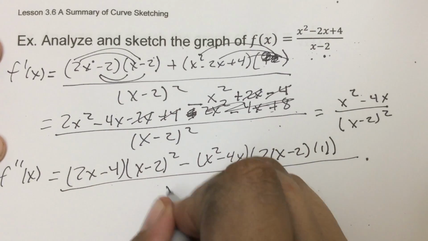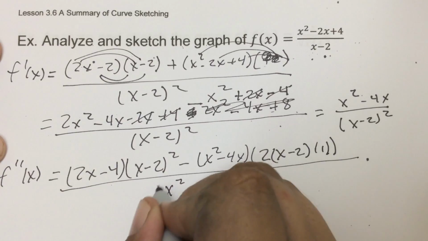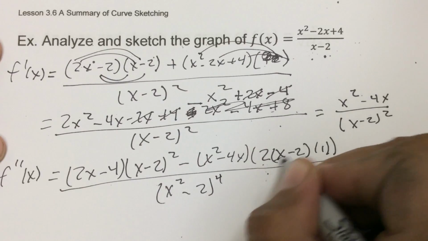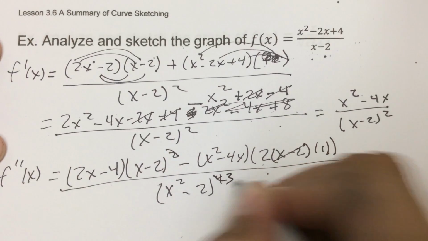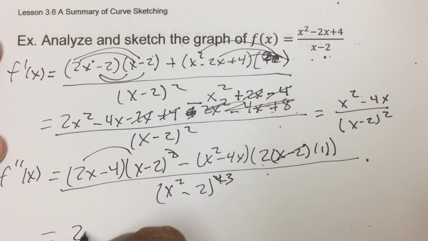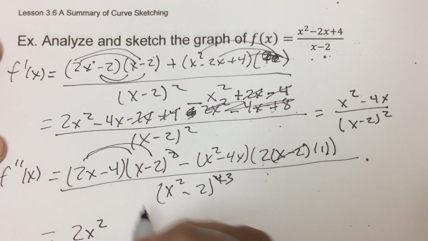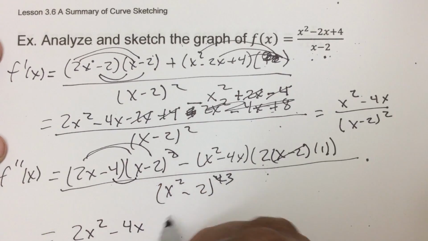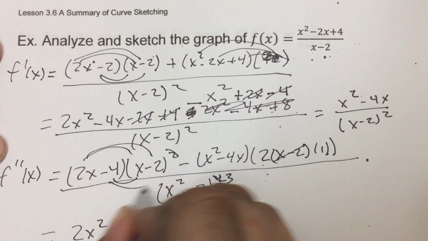All over the bottom squared, x minus 2 squared, which if it's already squared becomes to the 4th. And then we can go through and cancel one of these. And then we'll FOIL this. So 2x and x, 2x squared. 2x minus 2 would be minus 4x. Minus 4x plus 8.